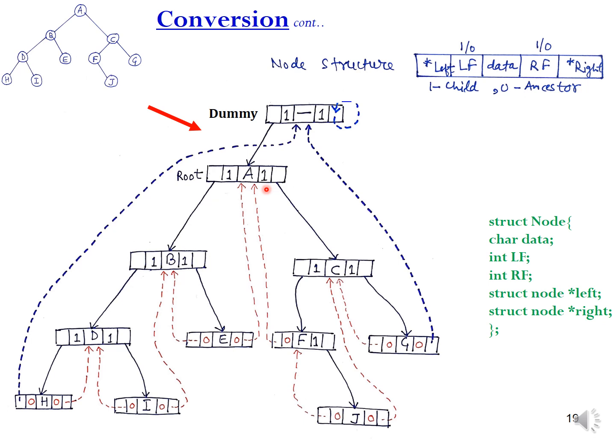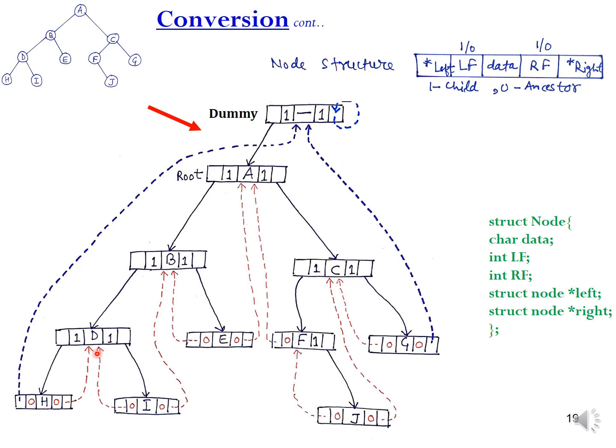It means it has a child. This is node C. In the same way, node B is also having 1 on the left hand as well as the right hand side. It means it has a left child as well as a right child. Node C also has a left child as well as a right child, because it has 1 on the left hand side and 1 on the right hand side.